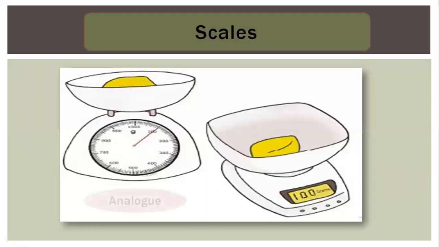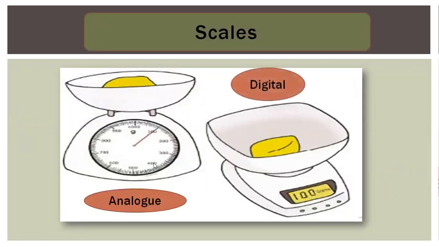Okay, scales. We have discussed that we have analog scales and we have digital scales. Analog is an old scale. Nowadays, most people use digital scale to measure, and they can weigh things on digital scale much more easily than on analog scale, because on analog scale we have to see where the needle is.